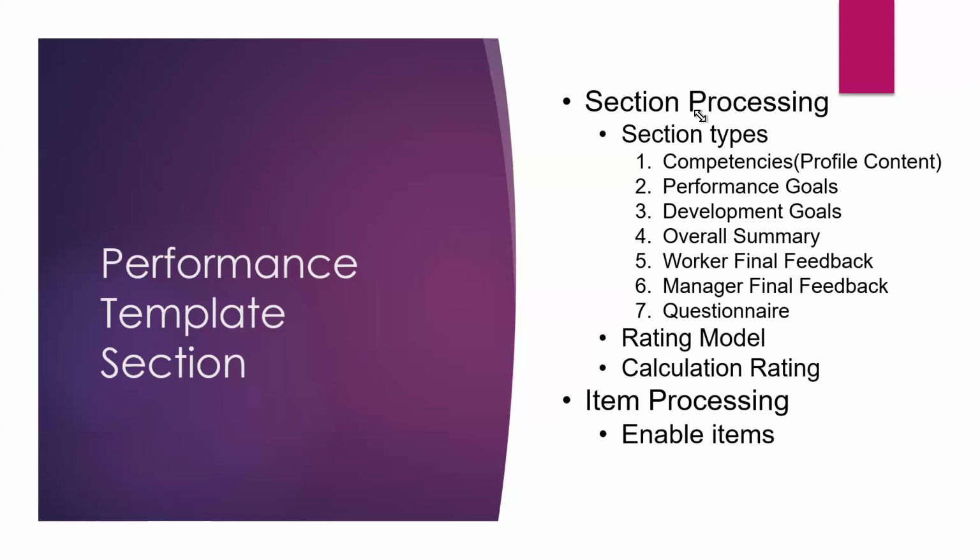As shown in this video, I have mentioned here the 7 section types. What do we do with the section types? In the performance template section altogether, we decide what part of the section we are going to evaluate.